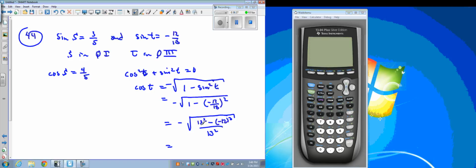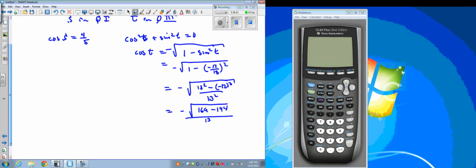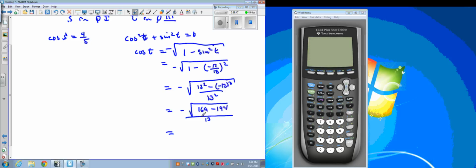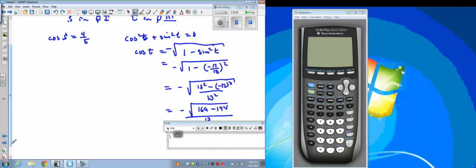13 times 13, what is that, 169? 169 minus 144. And that denominator is 13 when you take the square root of it, right? So 5 over 13? Yeah.